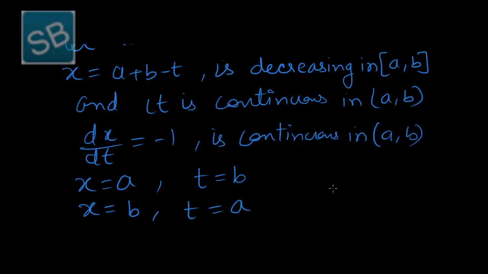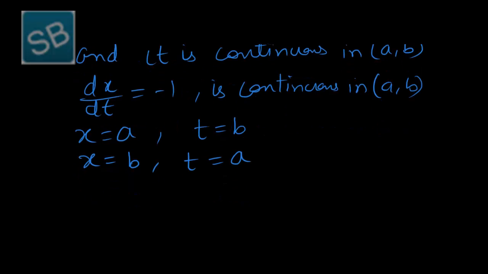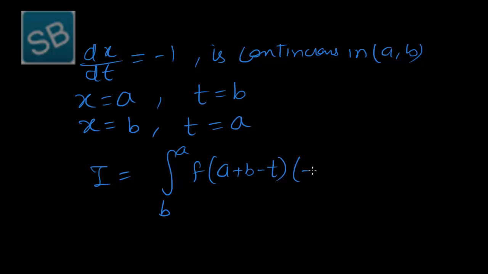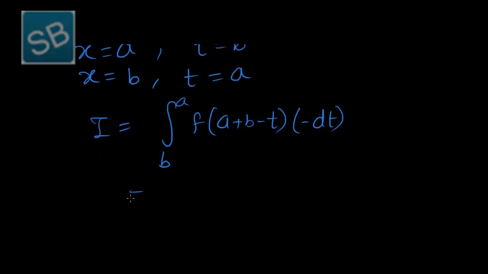So by using all these substitutions, we get I = the integral from b to a of f(a + b - t) times (-dt). So we get minus the integral from b to a of f(a + b - t) dt.